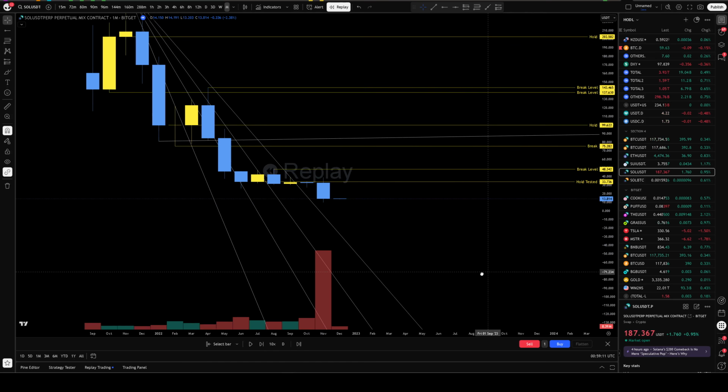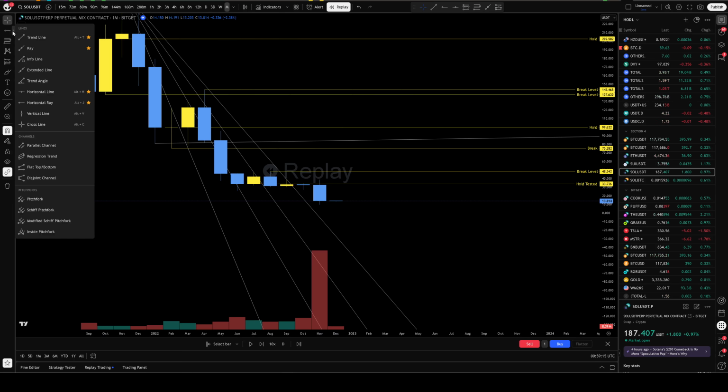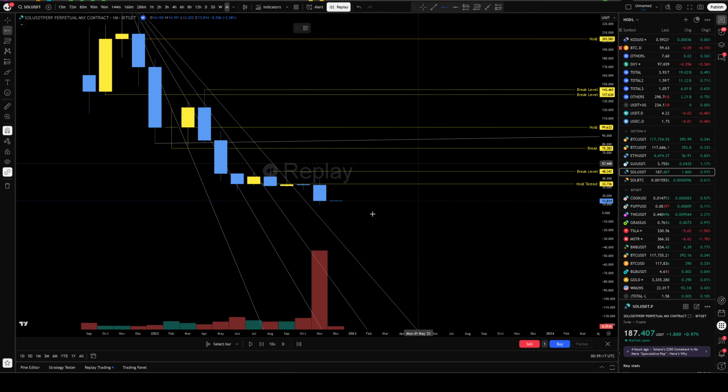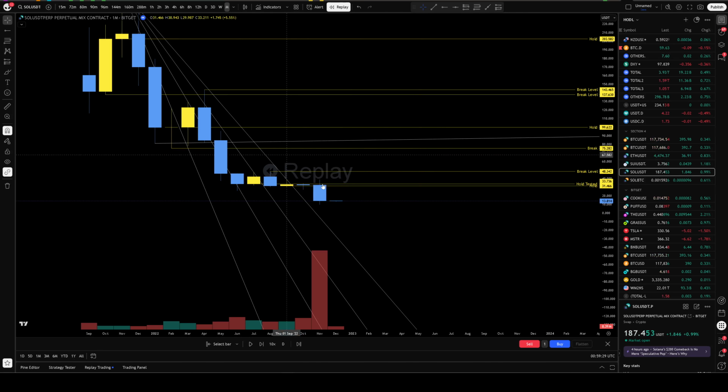Right. So what do we got? Just vaguely at some other time frame, there is a hold level here. It's not a full engulfment, but there will be a hold level there on another time frame. So put that in. We have a breakout level here.